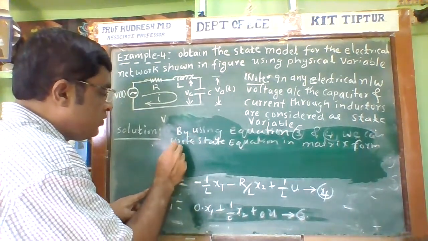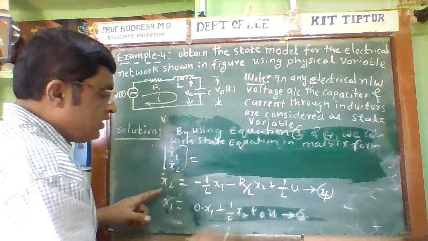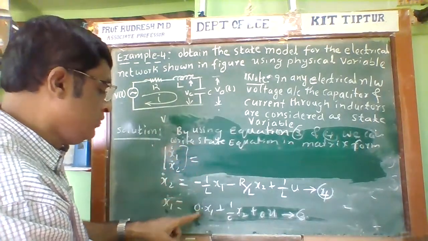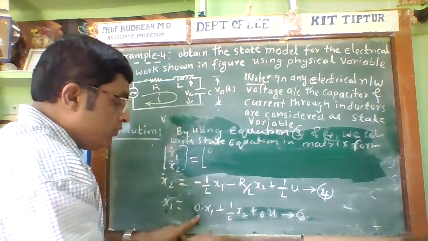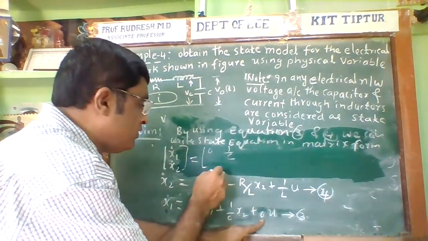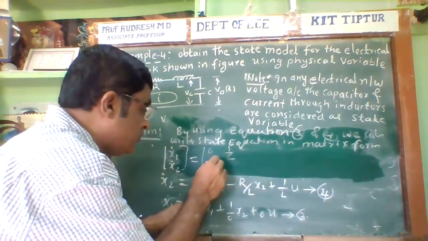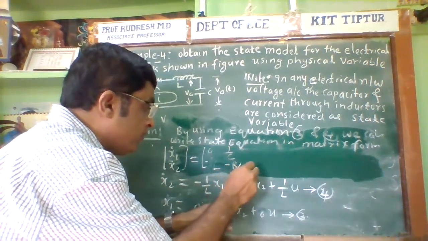Therefore, x1 dot, x2 dot is equal to: the x1 dot row is 0 and 1 by C, and the x2 dot row is minus 1 by L and minus R by L.